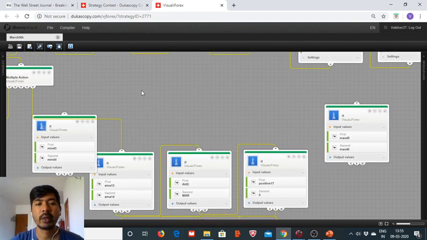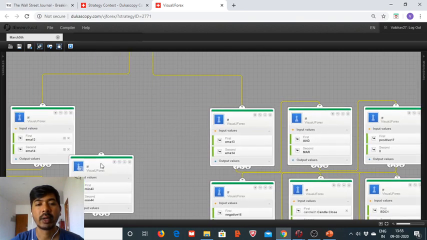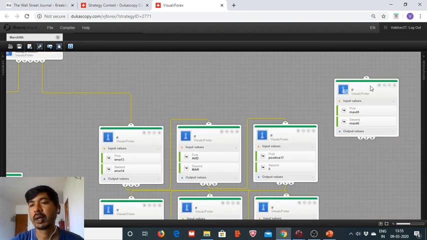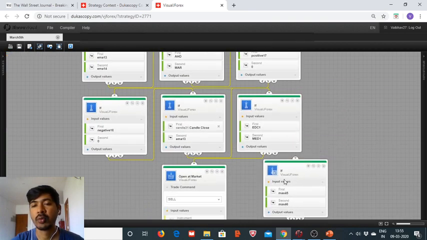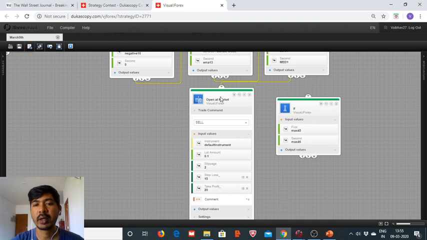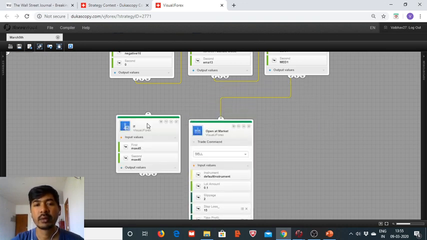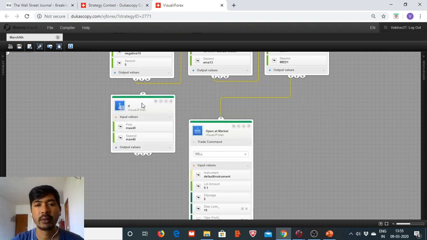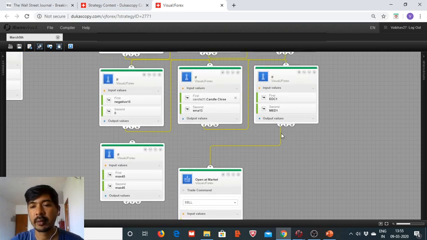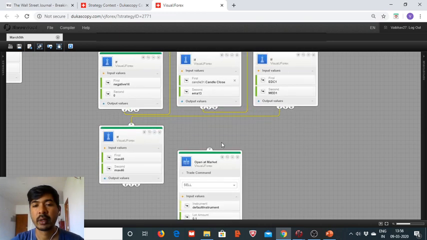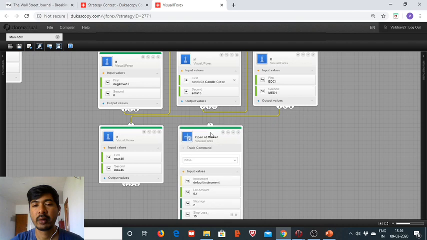We need to add the minima conditions while making a buy trade, and we need to add a maxima condition for a sell trade just to ensure safety in volatile times. So let's add this here, and we keep everything else as it is. We connect it to less input less than the second input, and then we bring it here.